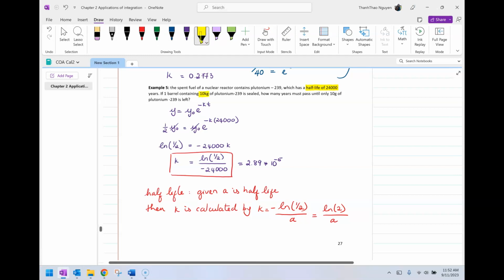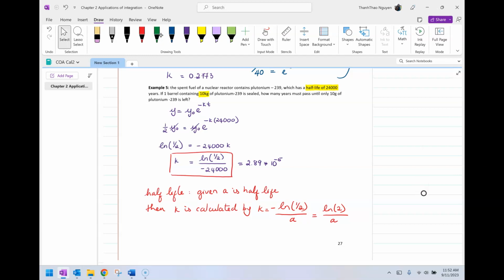So if we only have 10 grams left, then 10 grams is 0.01 of a kilogram. So then 0.01 of a kilogram is equal to the 10 kilograms initially times e to the negative 2.89 times 10 to the negative 5 times t, because we need to figure out the time.